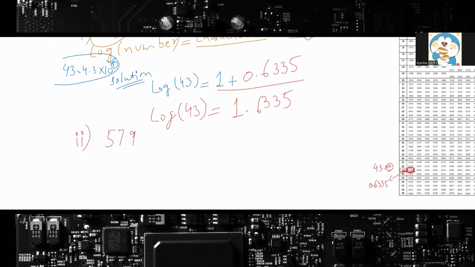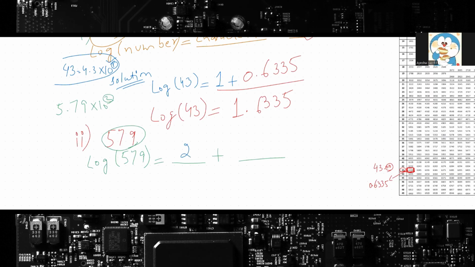The first step is you'll write log 579 equals, put an addition sign in the middle, the characteristic goes here and the mantissa here, right? So first, if we find the characteristic of 579, it would be 5.79 multiplied by 10 power 2, right? So the characteristic of this number would be 2. So I'll write 2 over here, right? And now I need to find the mantissa for this number.